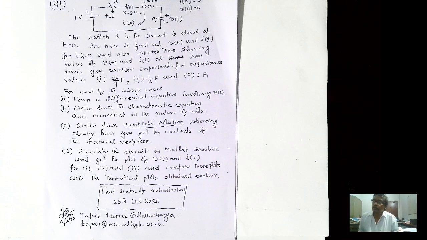So 3 plots will be there for question 1, which you will do with your own hand. No question of using any software. Don't type these things in a Word document. That is not acceptable. Like you submitted your lab records.